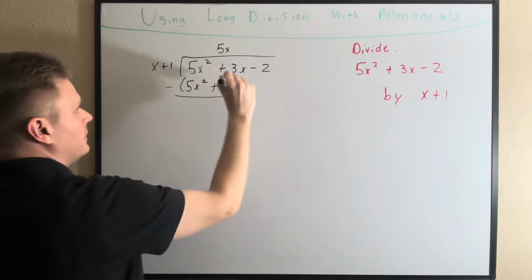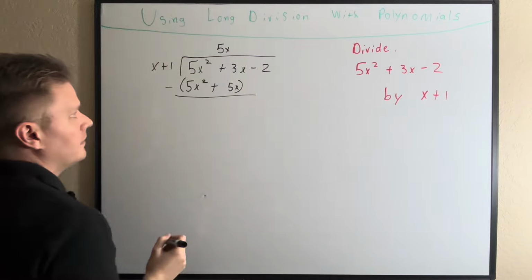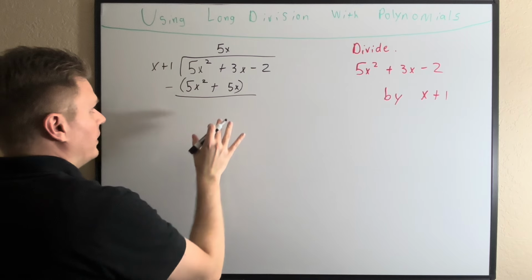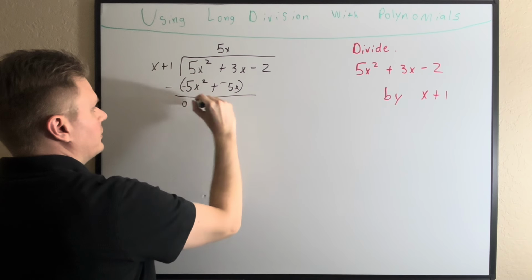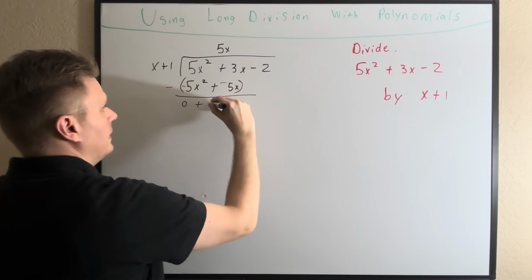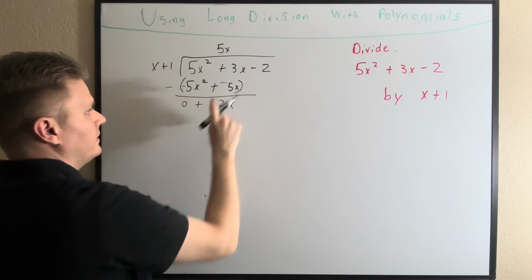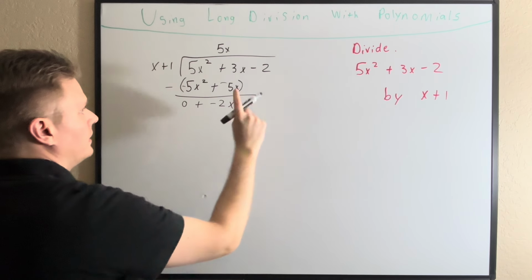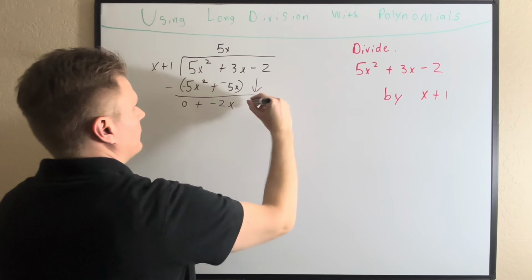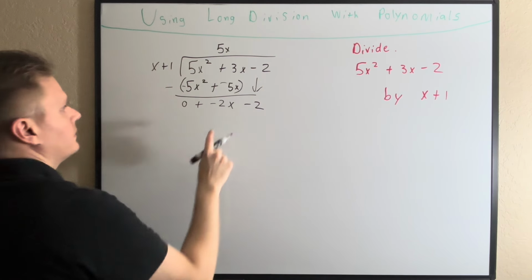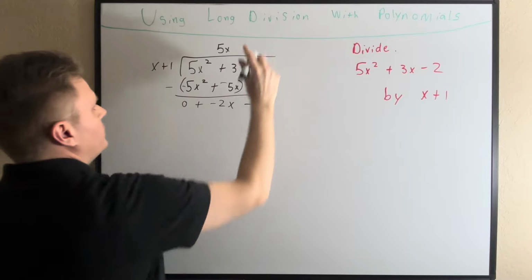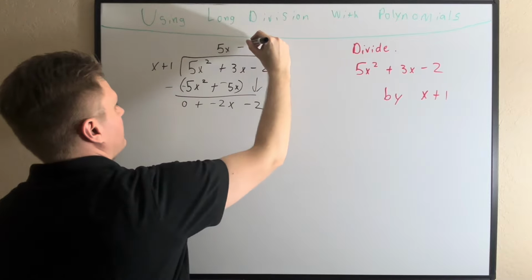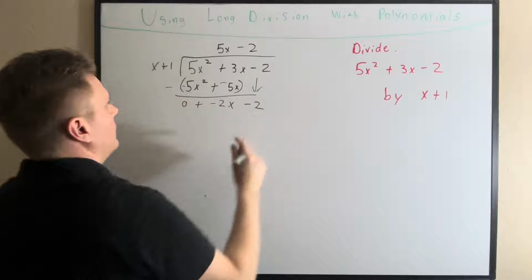Subtract the polynomial. What do we get? Get a 0 there, plus negative 2x, right? 3 minus 5 is negative 2. And we bring down that negative 2 there, and we do the next one. To get from x to negative 2x, we multiply by negative 2, right?